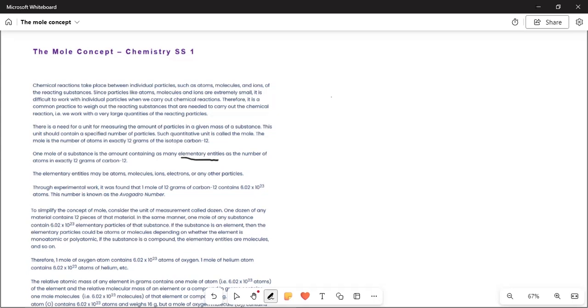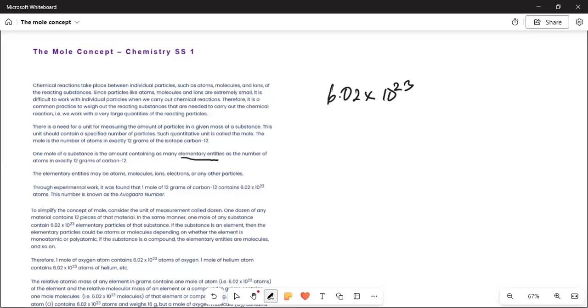Through experimental work, it was found that one mole, or 12 grams, of carbon 12 contains 6.02 times 10 to the power of 23 atoms. That is, whenever you weigh out 12 grams of carbon 12, this is the number of atoms you are going to obtain.